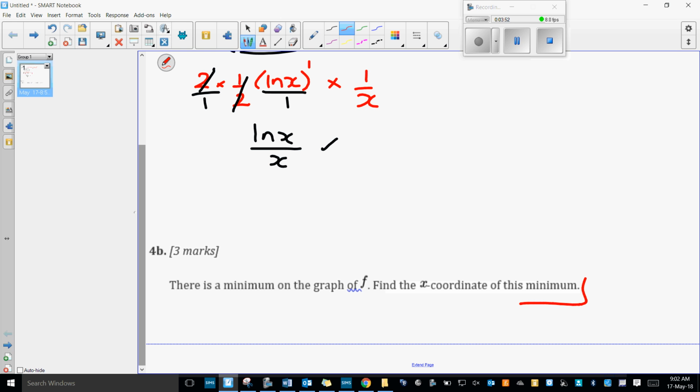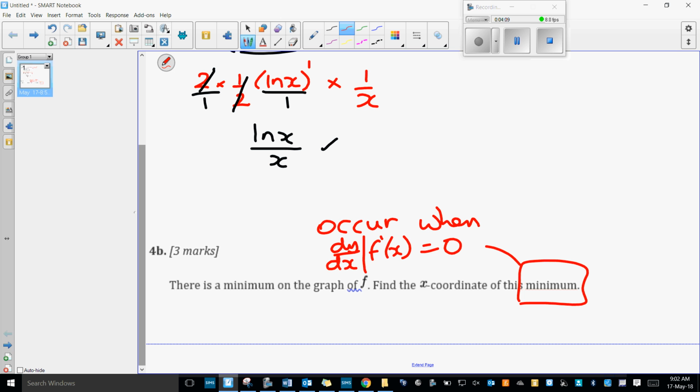Minimums or maximums happen when dy/dx, or obviously f'(x), equals 0. Okay, so if a question starts talking about maximums or minimums, all you have to do is to put your expression equal to 0 and solve it.